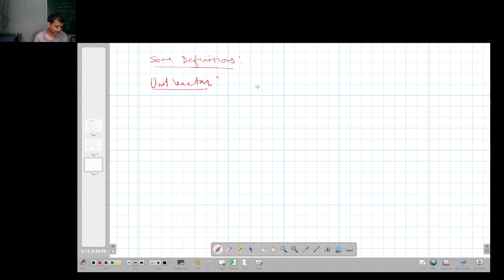A vector of unit magnitude is called a unit vector, generally represented as A cap.